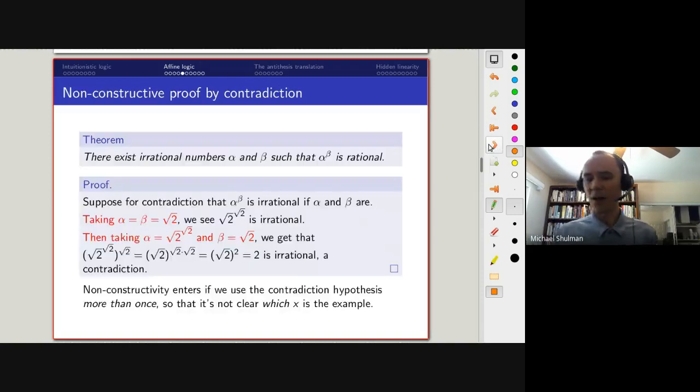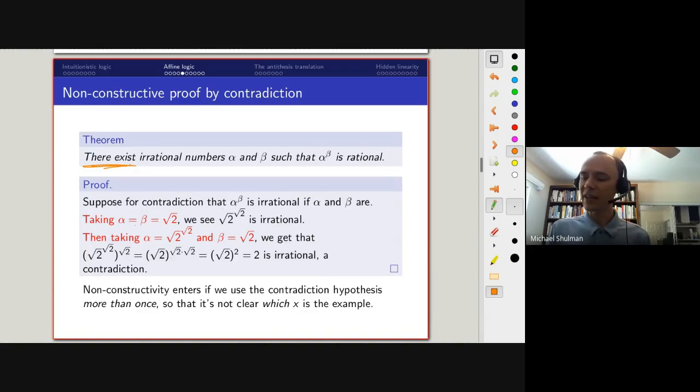So the problem comes if we do that more than once. We don't know which example that we've provided is the counterexample. So here's our non-constructive proof again. We suppose for contradiction the negation. This is an exists, and we're trying to prove it by contradiction. We suppose the opposite, that for all alpha and beta that are irrational, alpha to the beta is also irrational.